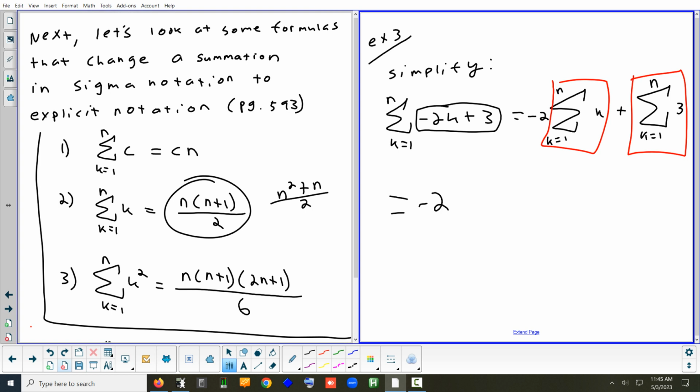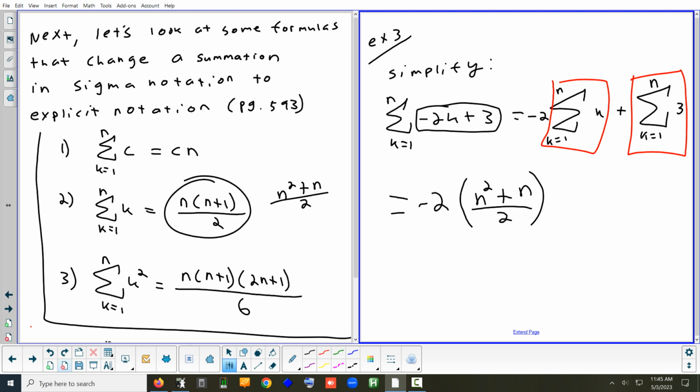What can I substitute for that first red box? Yep, we can substitute n squared plus n over 2, because that's what it would simplify to.